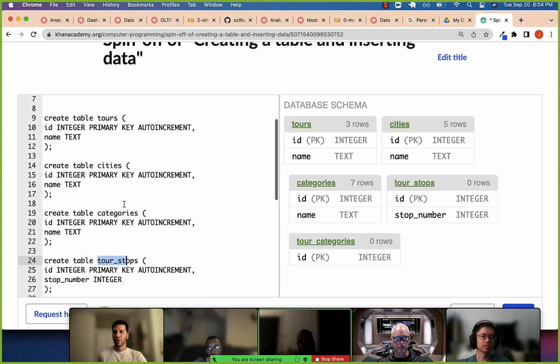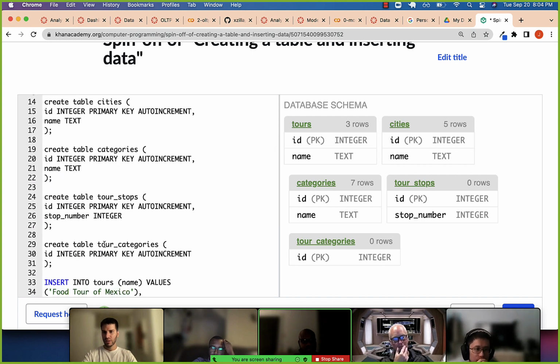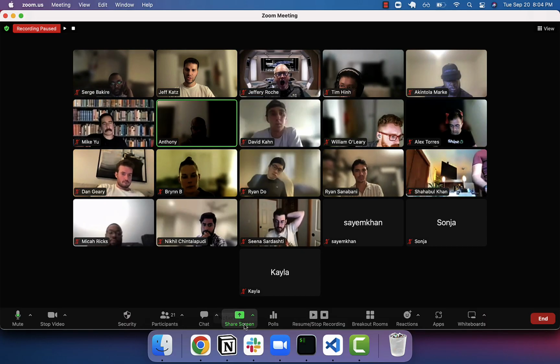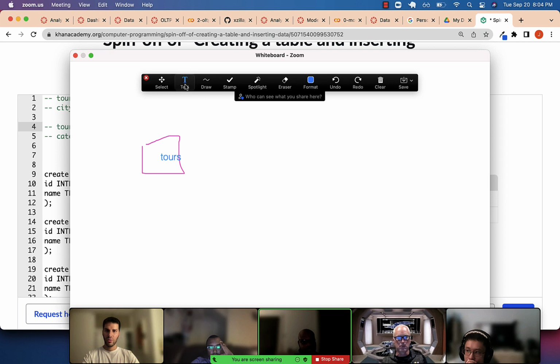So now we have this tour has many categories. This category has many tours. This is through this tour categories table, right? So if you're mapping this, just to quickly show it, we have tours here, we have categories here, and then we have the tour categories in between.